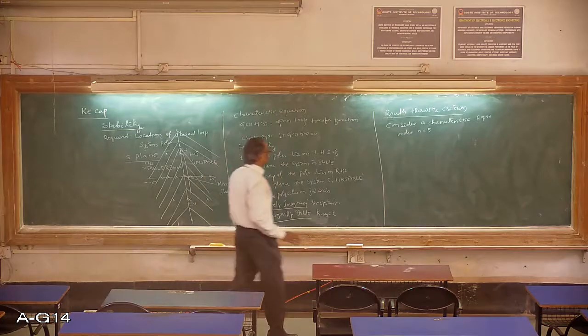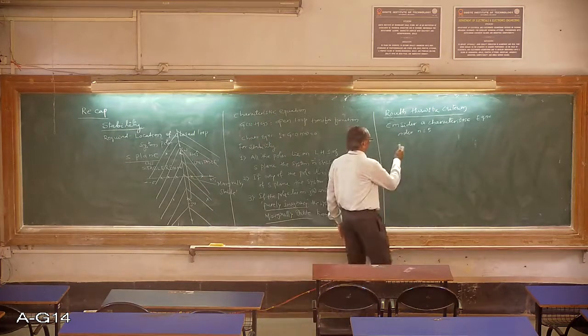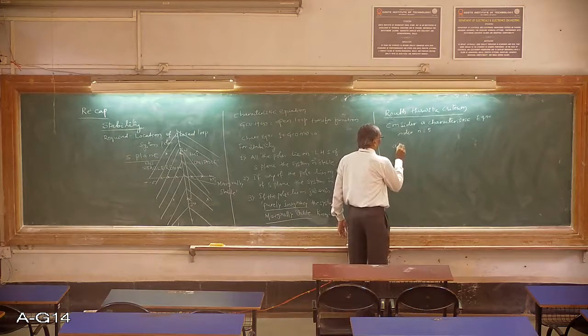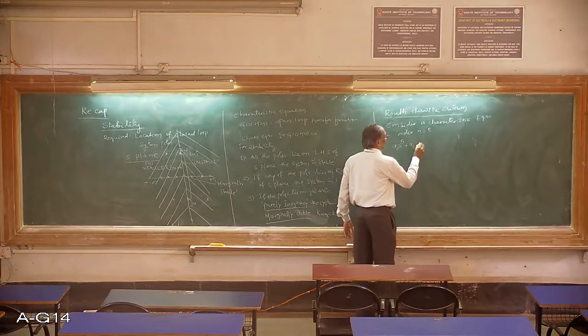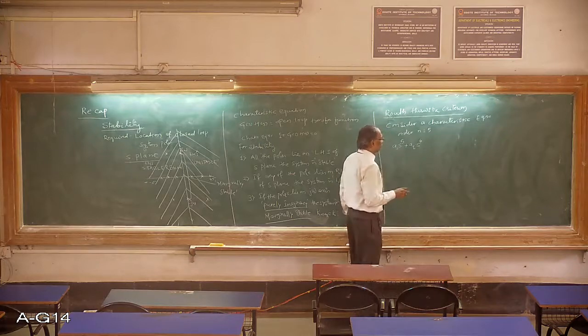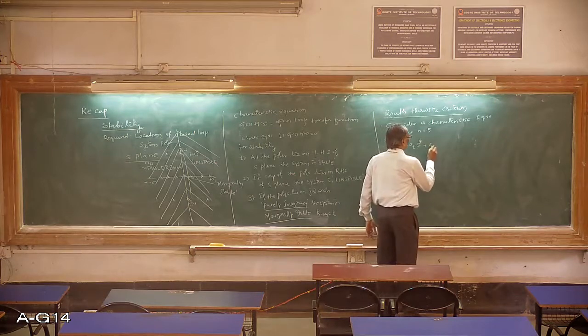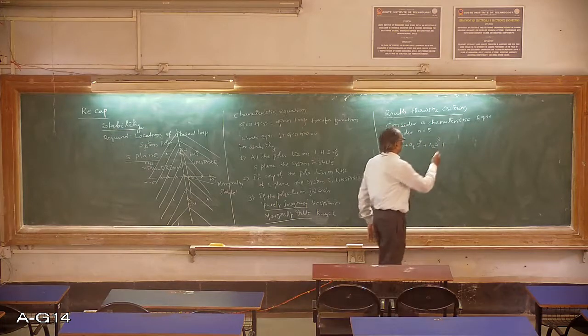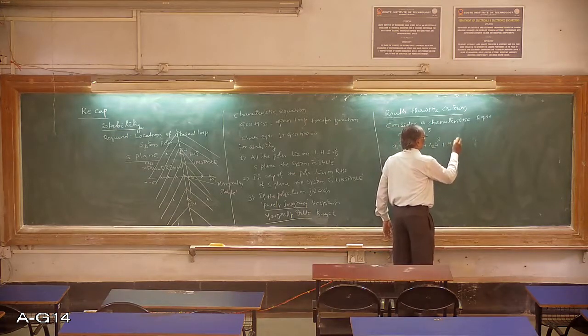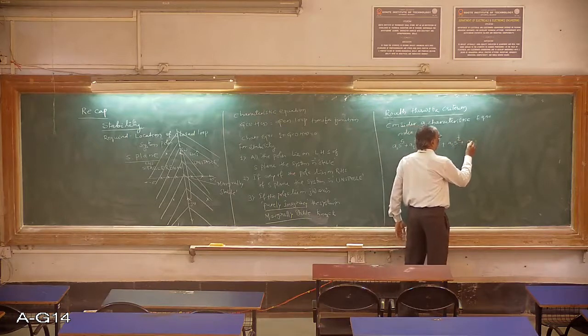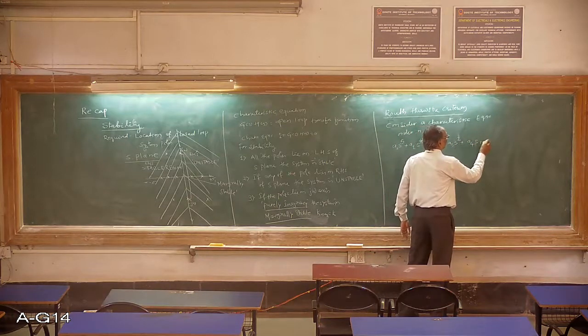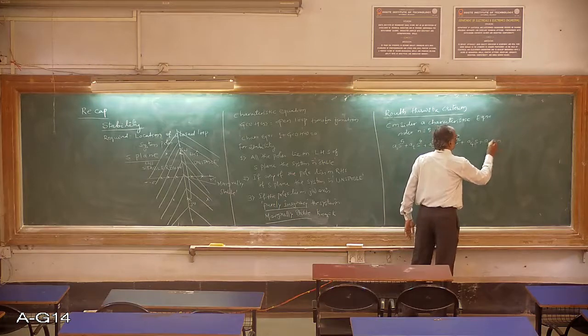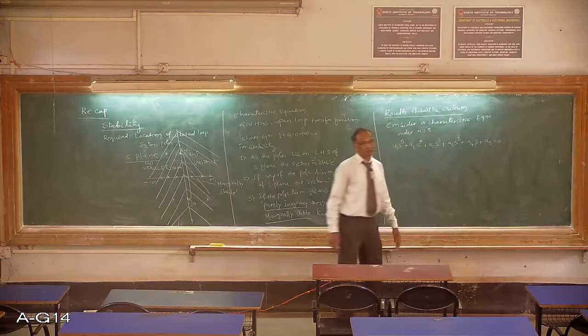Now the characteristic equation we can write with its coefficients as a0 s raised to 5, plus a1 s raised to 4, plus a2 s raised to 3, plus a3 s square, plus a4 s, plus a5 equal to 0.